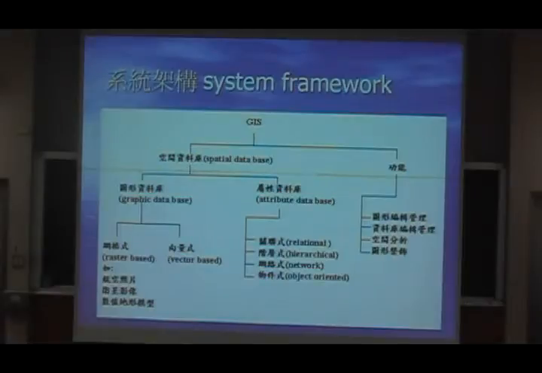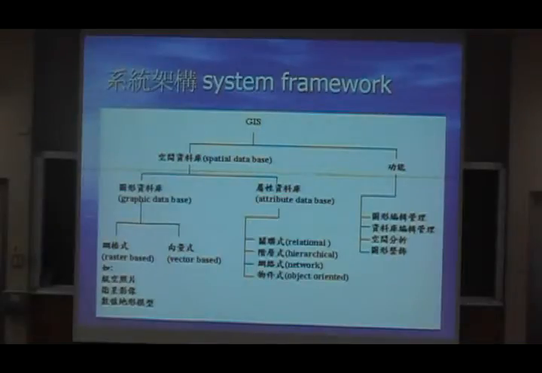For example, Google Map only has some display functions and some basic measurement. In Google Earth, they don't have a function like buffering, overlay, or intersection to calculate intersection. There are no this kind of functions. But you can use this framework to check.